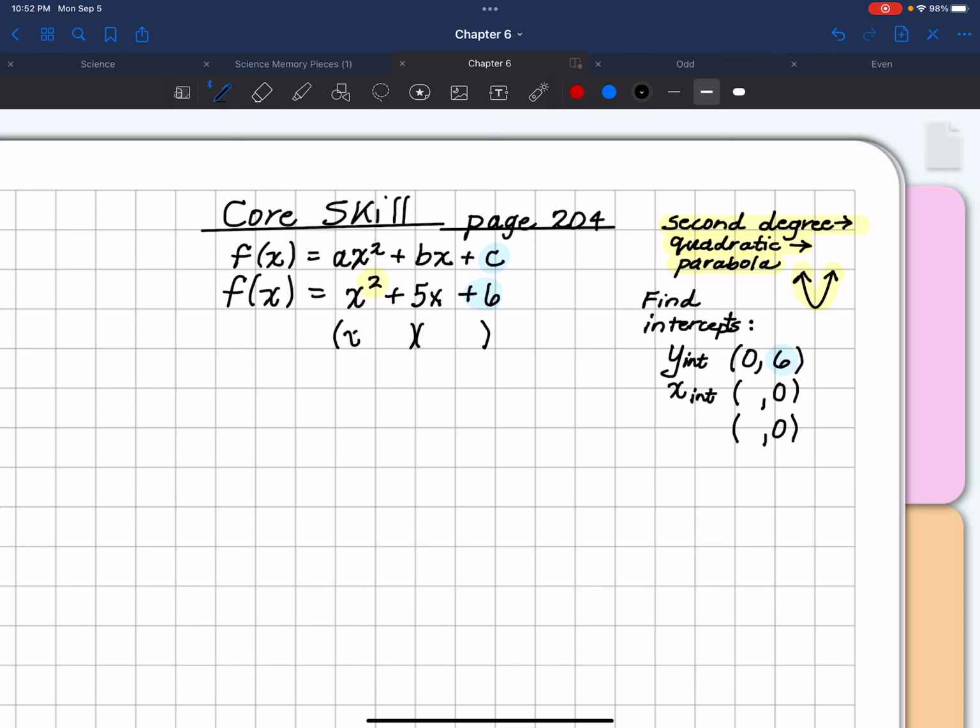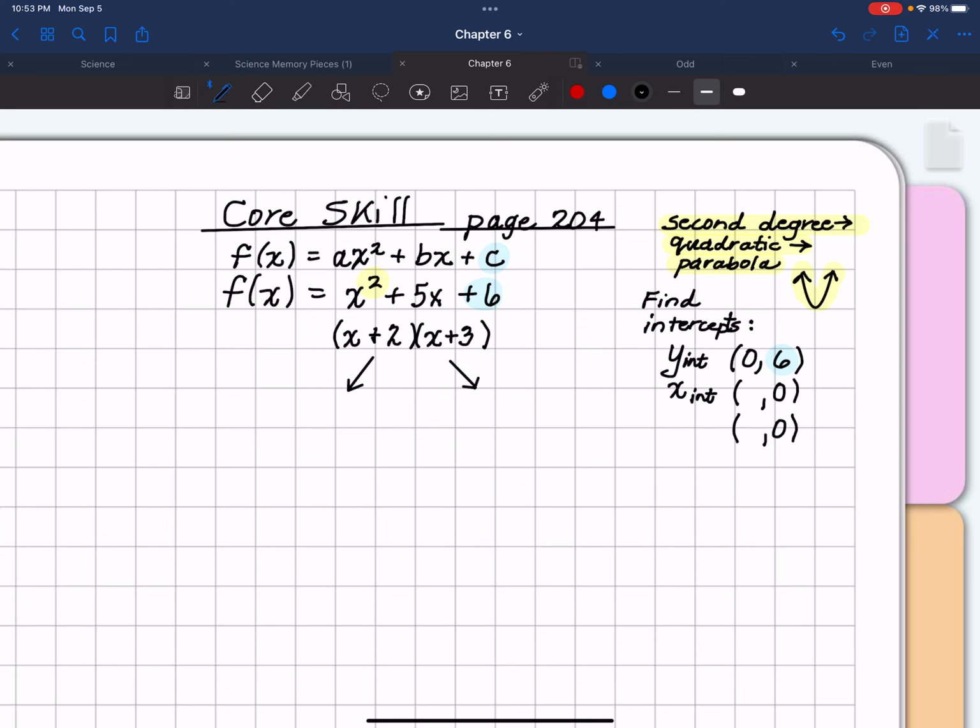And I know that I'll have an x in each of those, and everything's positive. So 2 times 3 would give me the 6, and then 2 plus 3 would give me the 5. So those look like the two binomials that need to be there. And then we just need to solve these binomials.